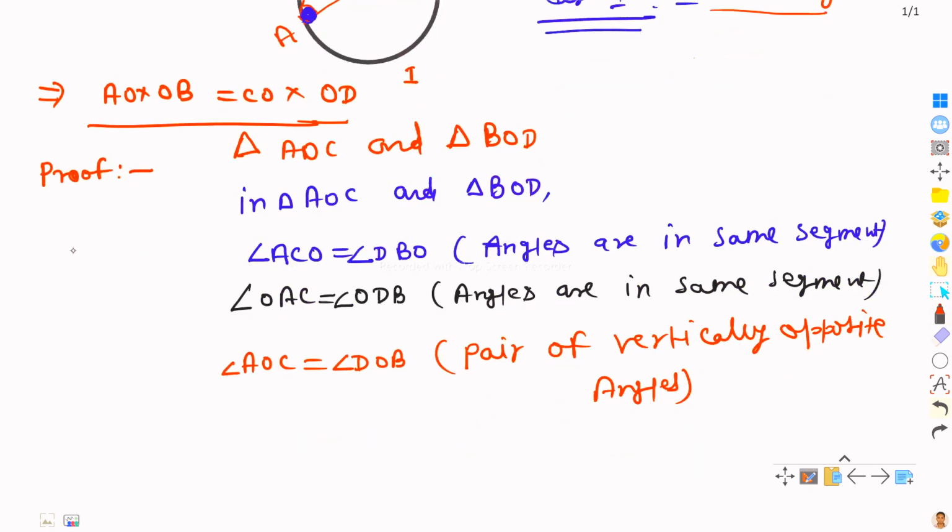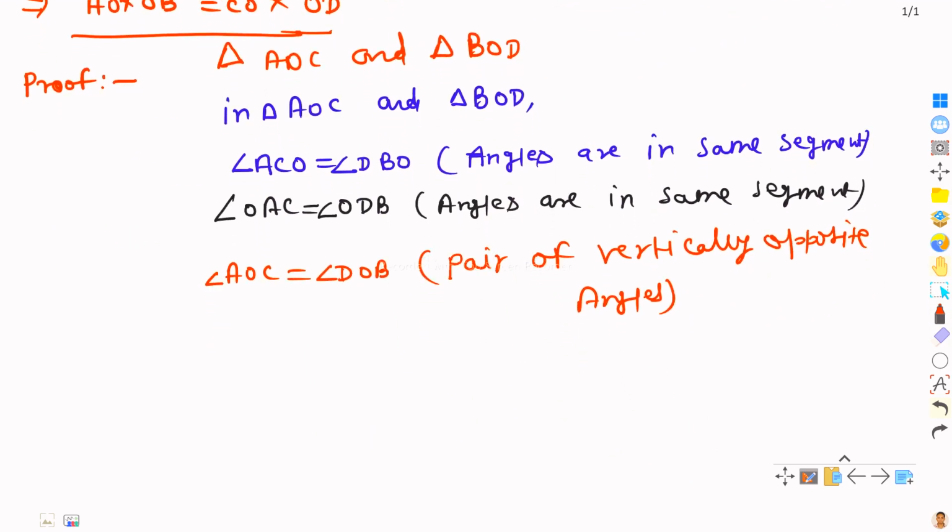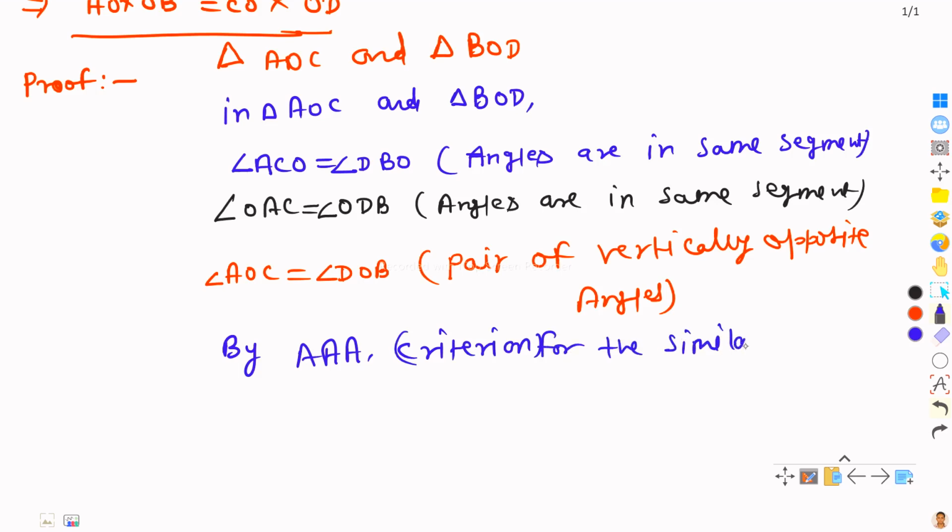Therefore, by the AA similarity criterion, triangle AOC is similar to triangle DOB.